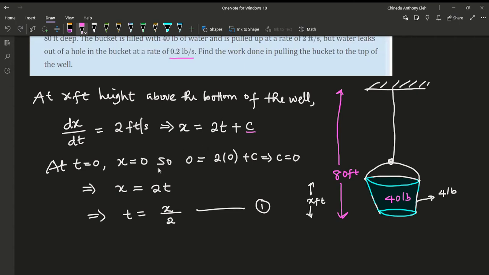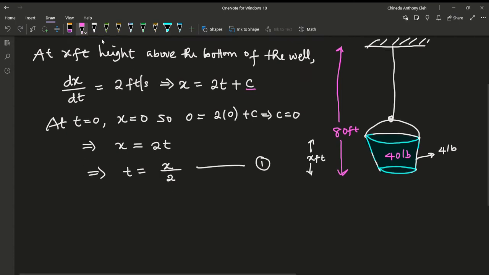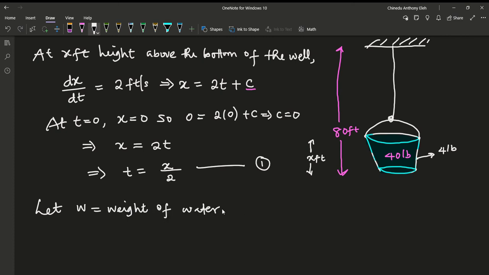So the weight of water in the bucket decreases with respect to time. So let W be the weight of water. Then by that information, the rate of change of W with respect to time is given as what?